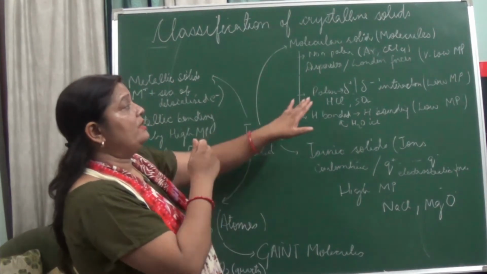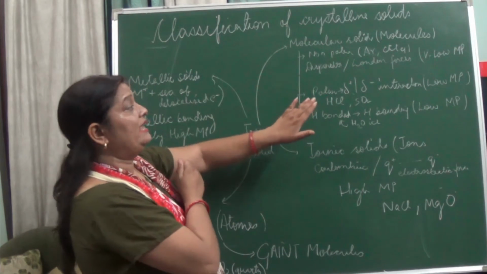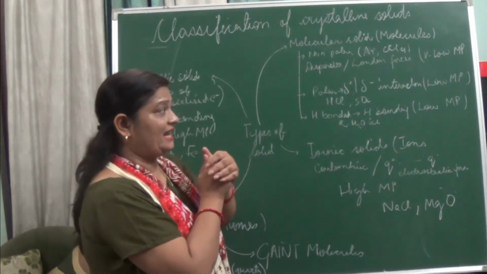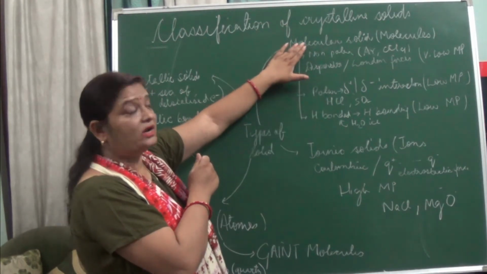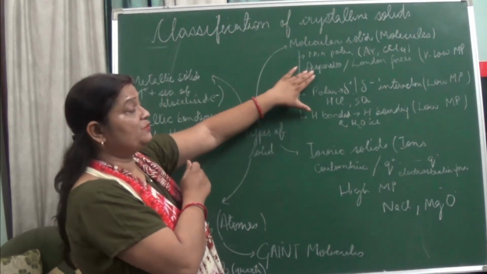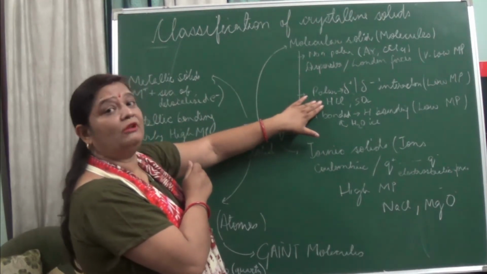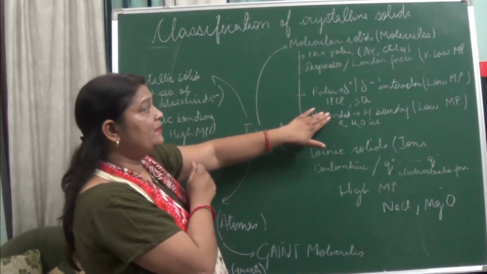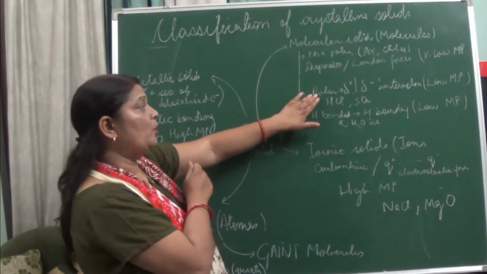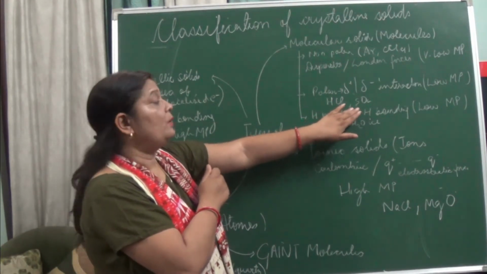Now coming to the polar molecular solids, here you can see there is dipole-dipole interaction. It means these forces are stronger than the London and dispersion forces. So here the melting point will be low, not very low. Examples for the polar are hydrogen chloride and sulfur dioxide.